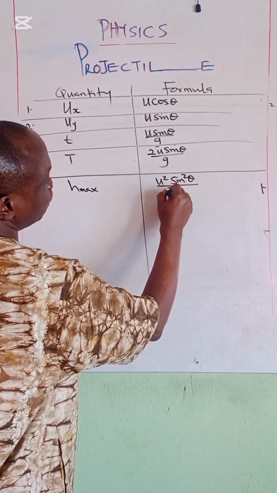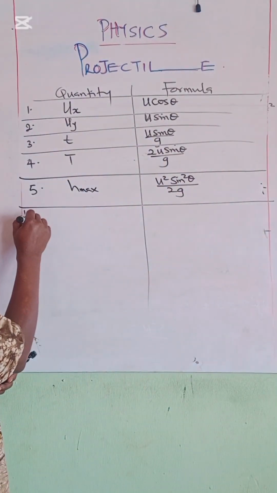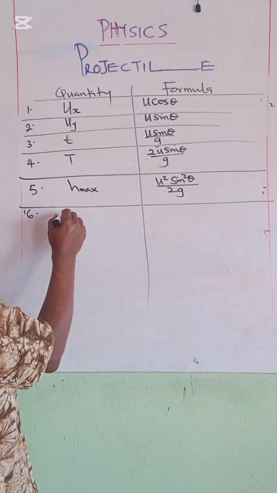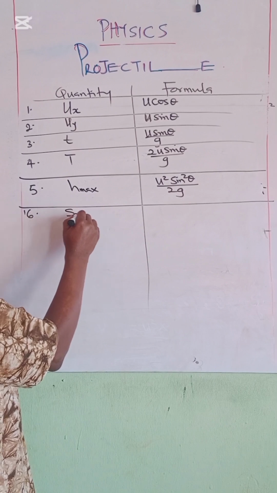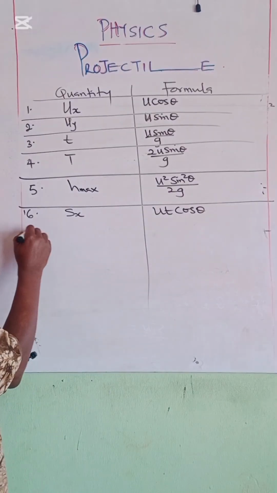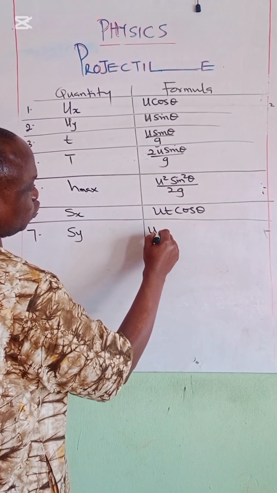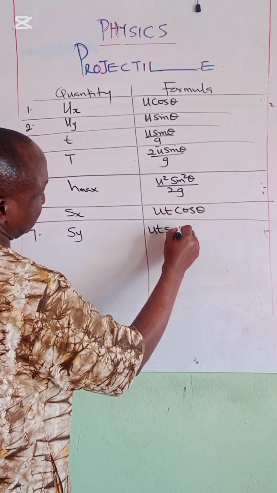That's the formula. Again, number six, horizontal distance we call it UT cos theta. Vertical distance S we call it UT sin theta minus half GT squared.